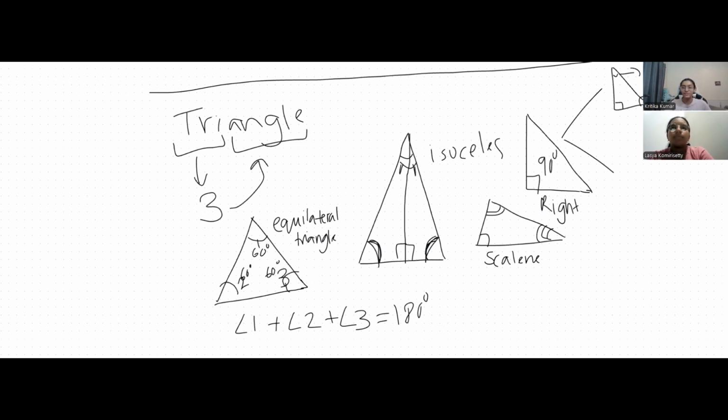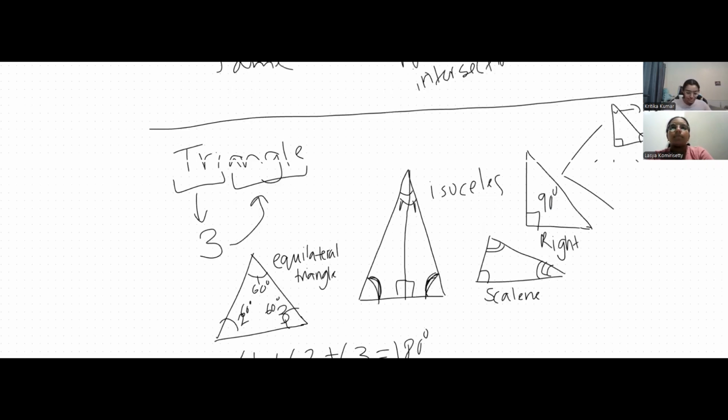Because remember, all angles should add up to 180, right? And then the second type is used pretty much, which you will need in the future, and I'm just giving you more information so that later on you wouldn't have to struggle with this and you will already know it. So this type of right triangle is basically this angle and this angle is not equal, and that's a lot of different types of triangles.